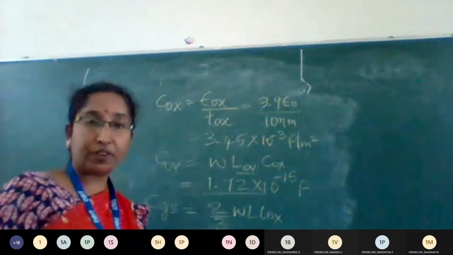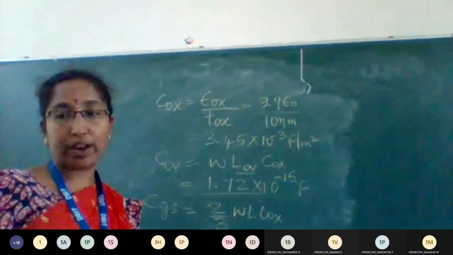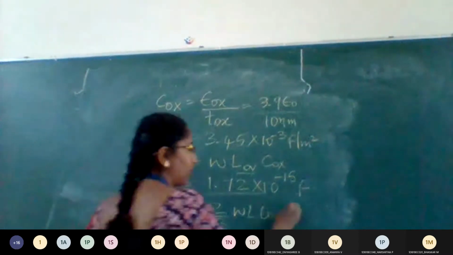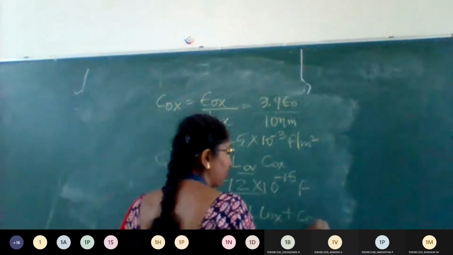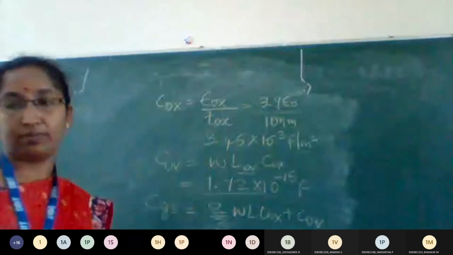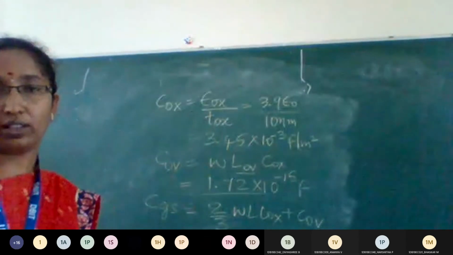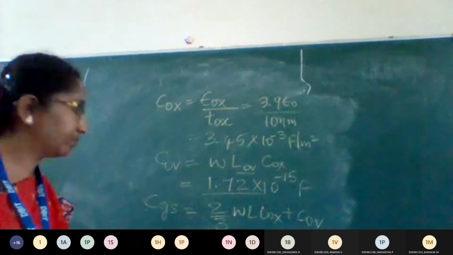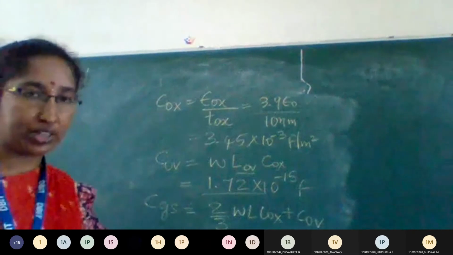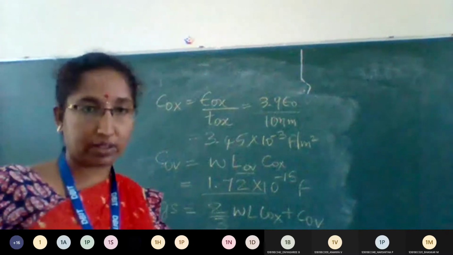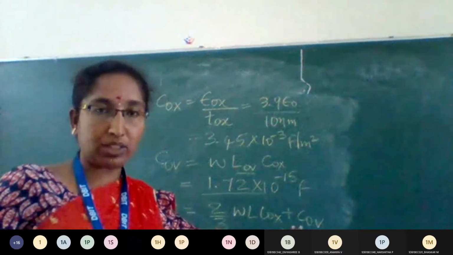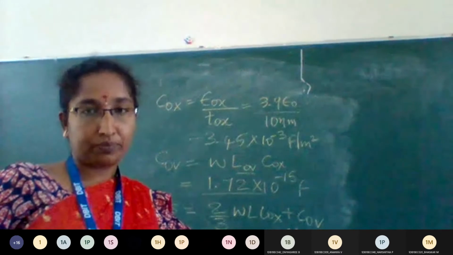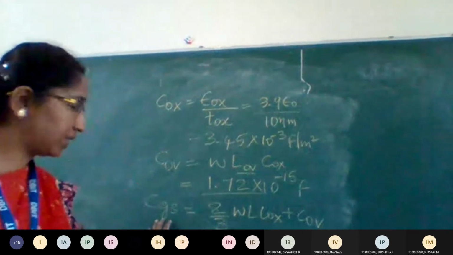That is not all; the diffusion capacitance also is supposed to be added. Overlapping capacitance, COV, must be added. CGS in saturation region is 2/3 of WLCOX plus overlapping capacitance, which you are supposed to consider. Then that is the total capacitance of CGS.